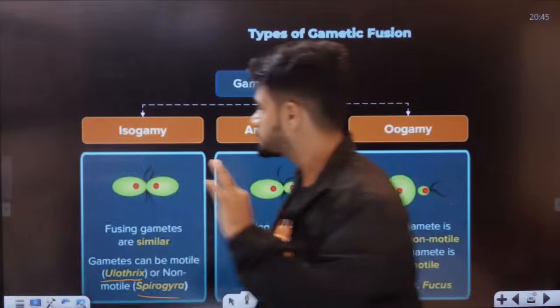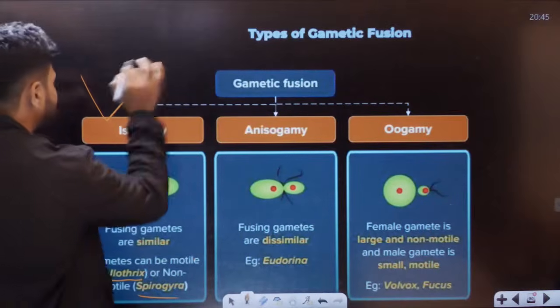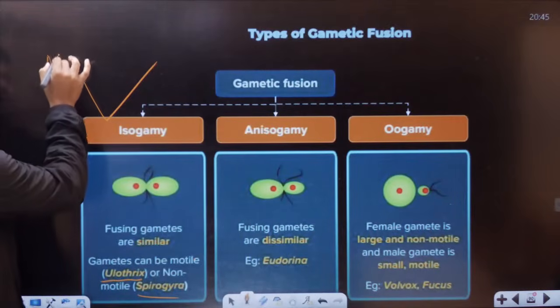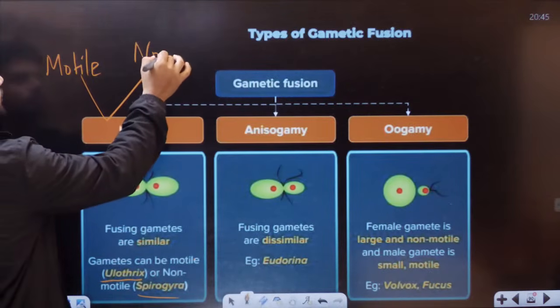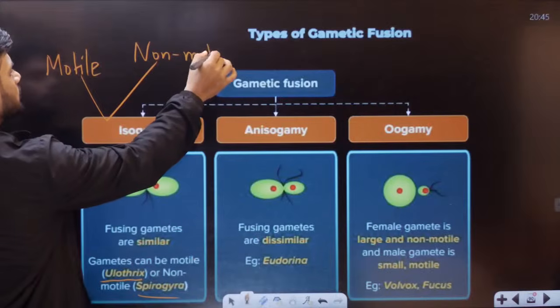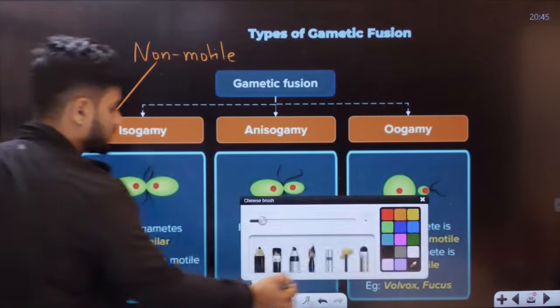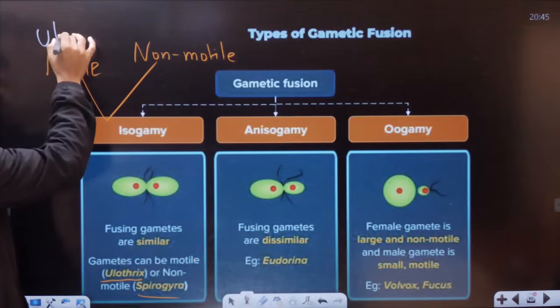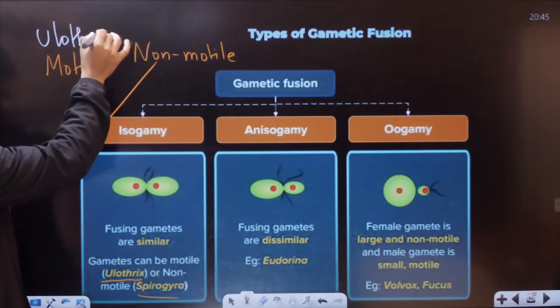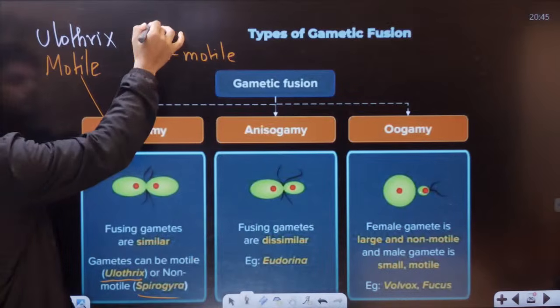Please remember, there are two examples: one for motile and one for non-motile.